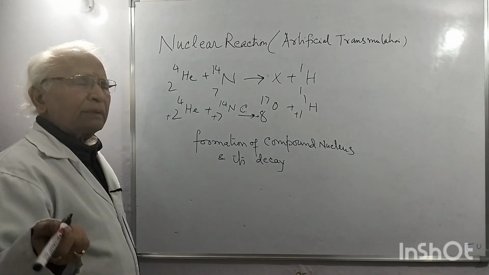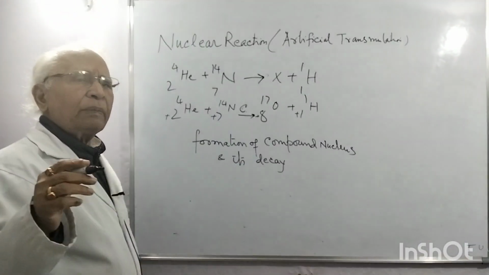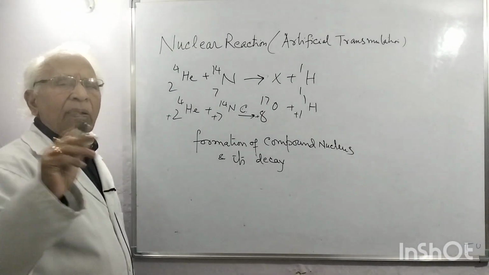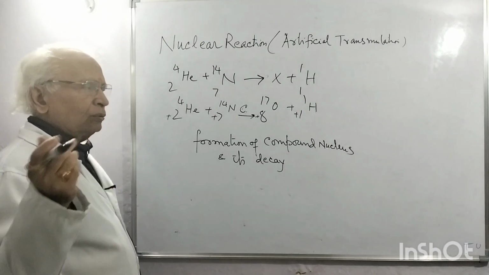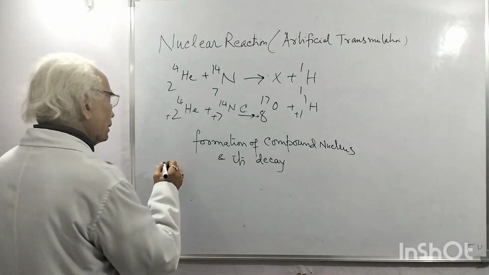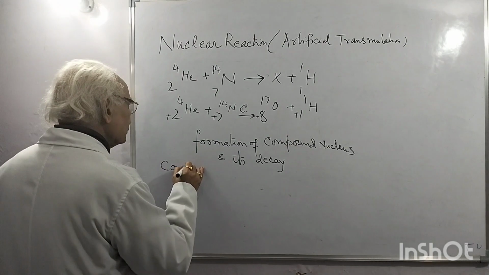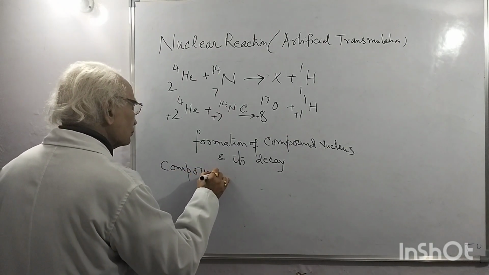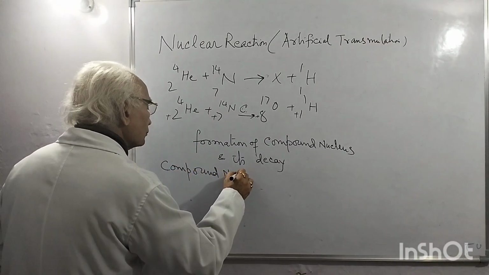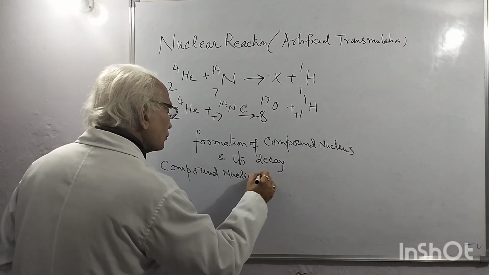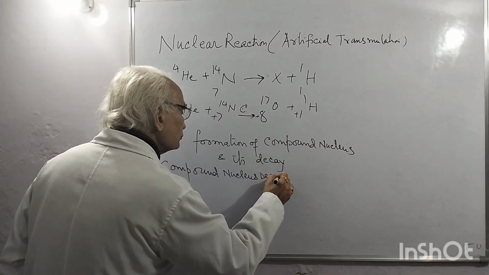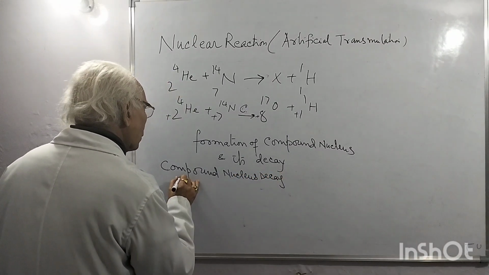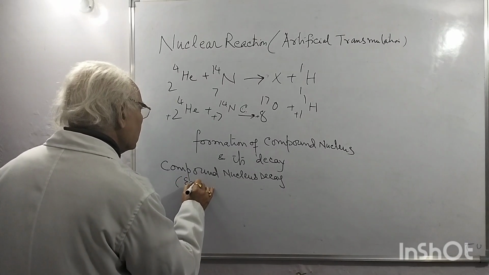At higher energy we have other theories, pre-equilibrium decay, direct reaction, etc. I am not going to tell all those details, but we have compound nucleus decay, which is called equilibrium decay.